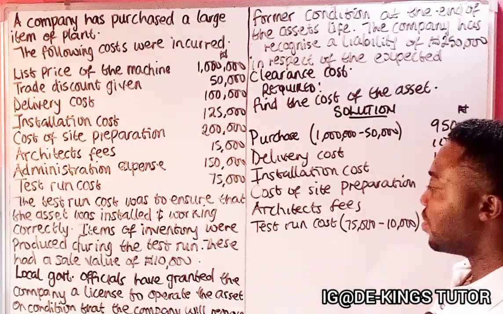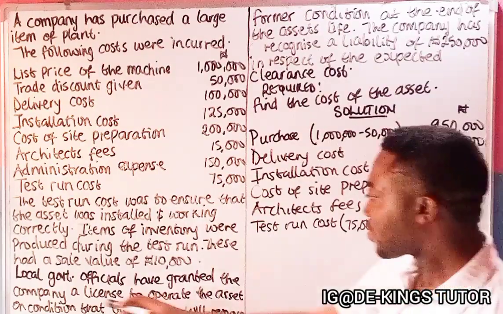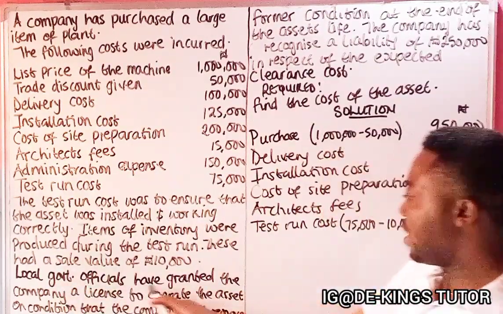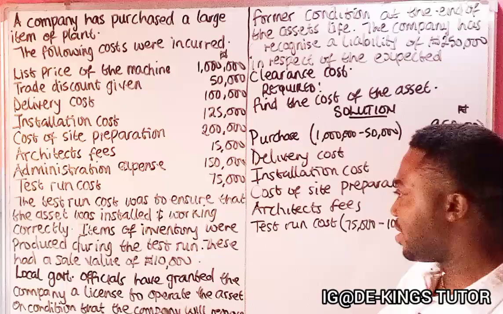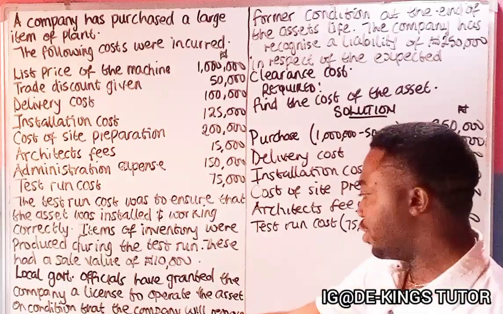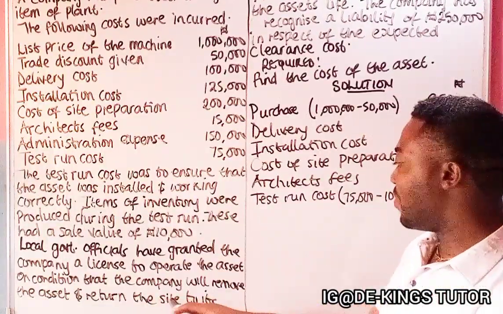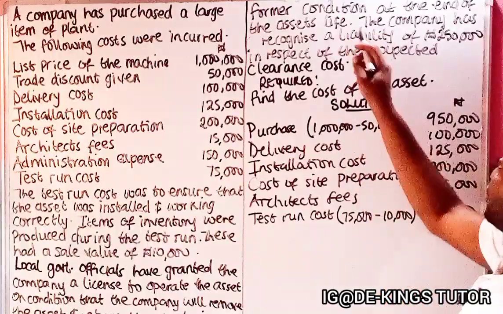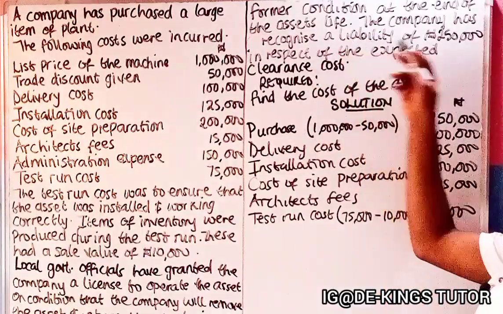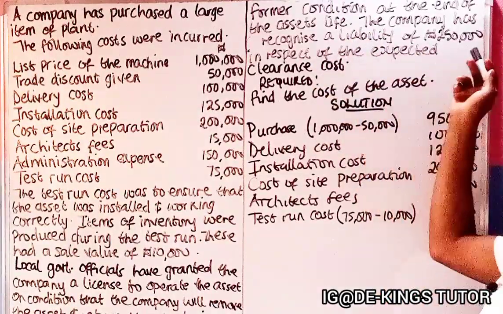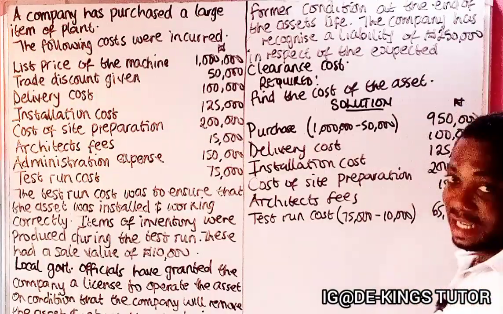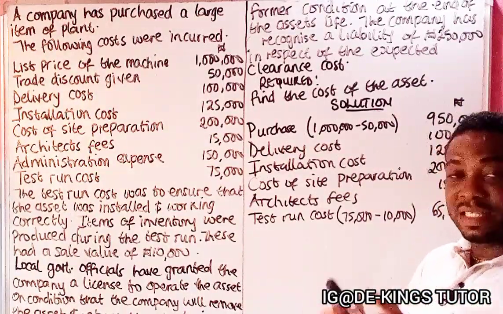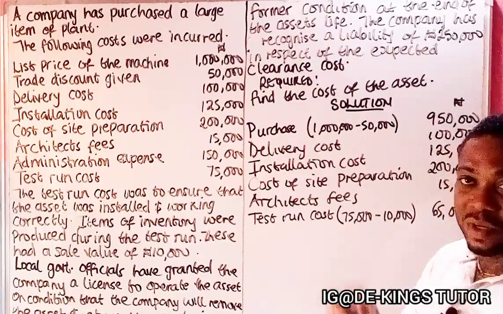Okay, so now the last part. They said the local government officials have granted the company a license to operate the asset on condition that the company will remove the asset and return the site to its former condition at the end of the asset life. The company has recognized a liability of 250,000. That is the cost of putting the site the way it was before the asset came.